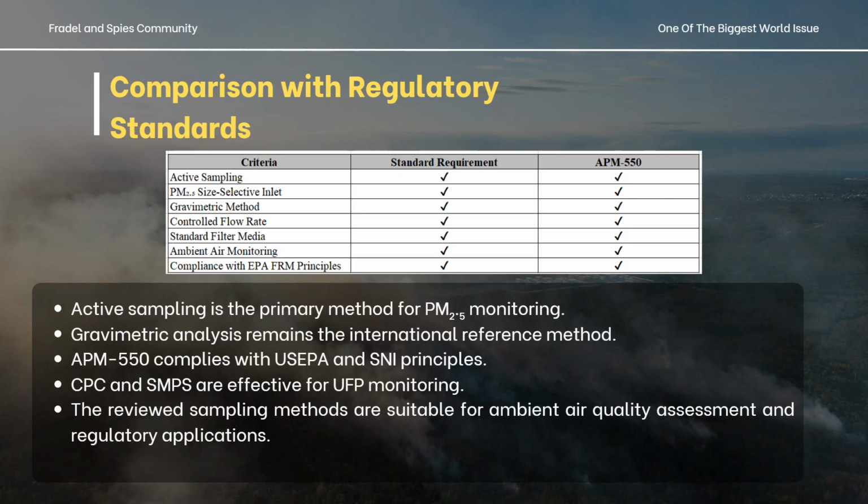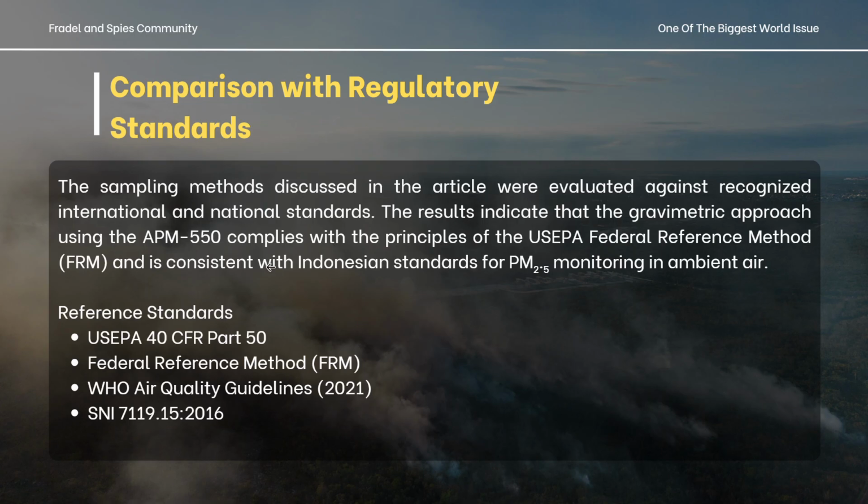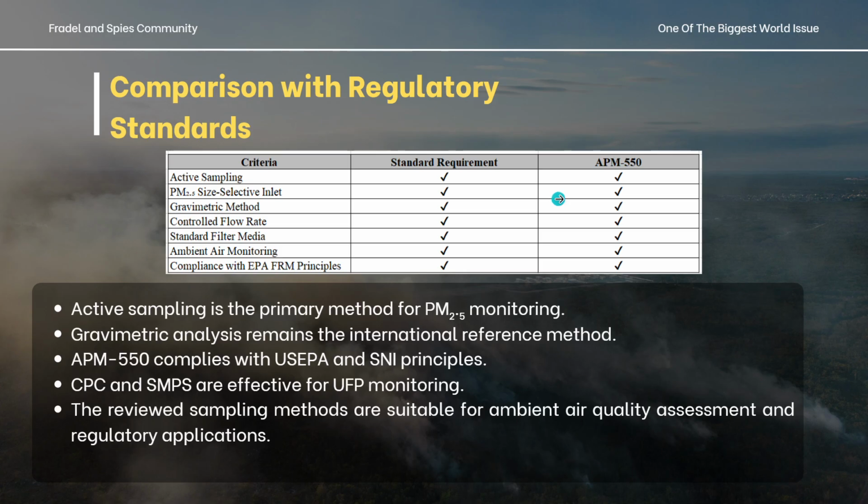For the comparison with the regulatory standards, the active sampling already fulfills the standard requirement, with the APM 550. The PM2.5 selective inlet already fulfills the standard requirement, also with the APM 515. The same goes for the gravimetric method, which already fulfills the standard requirement under US 40 CFR Part 50 and the APM 550.